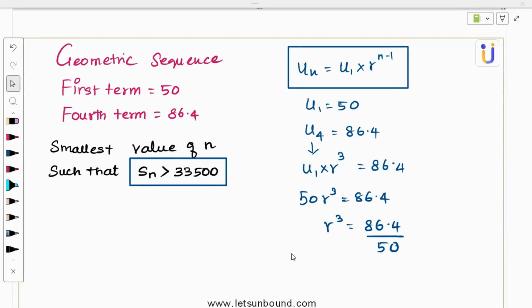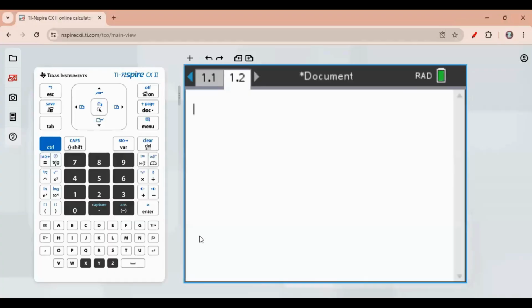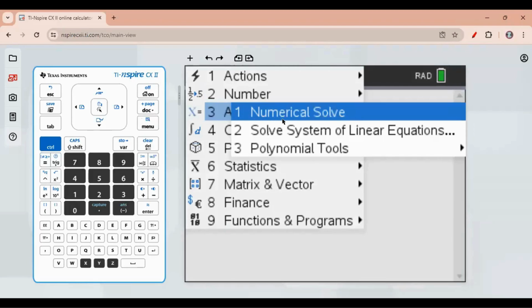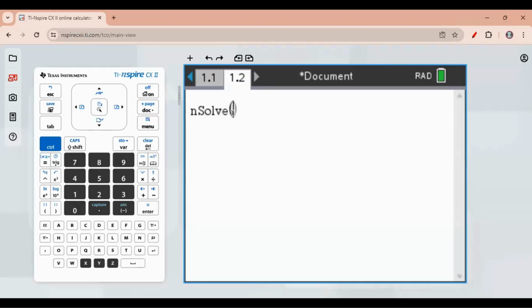We have the final equation r cube equals, so go for nSolve. Numerical solve. So menu, then algebra, then numerical solve. Once you get the nSolve, we write r cube equal to, so here we can use x cube, x power 3, equals, and there is a fraction, 86.4 divided by 50.